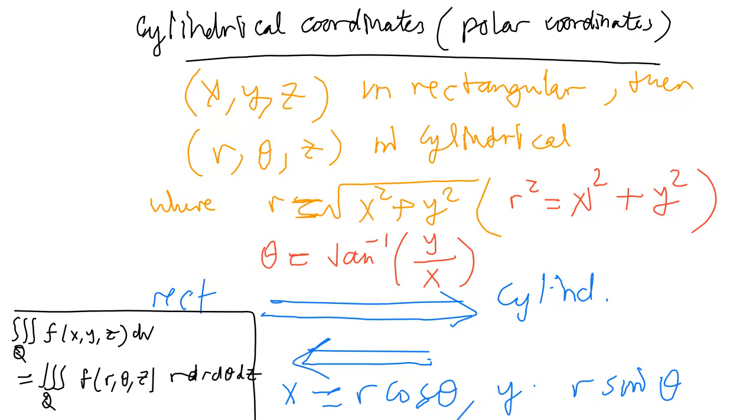In rectangular coordinates, this is dx, dy, dz. So this is the first representation of the volume element, and this is the second representation, r dr d theta dz, or r dz. It does not matter which one you start with.